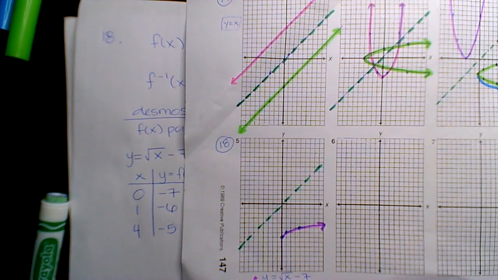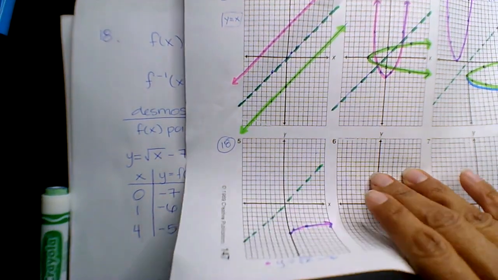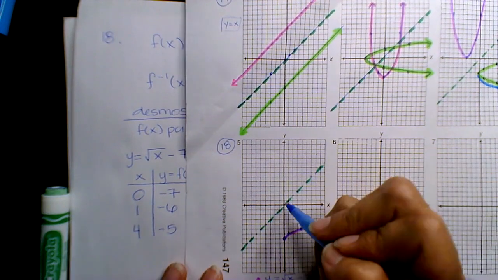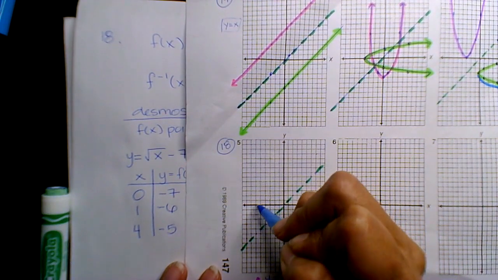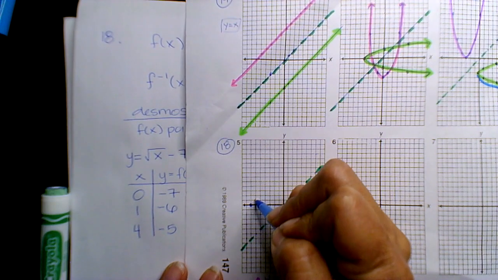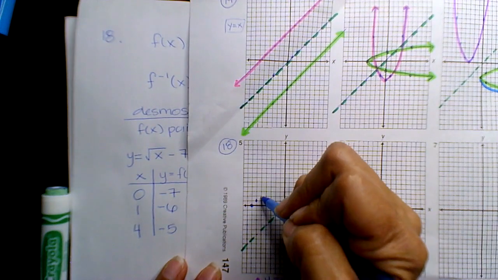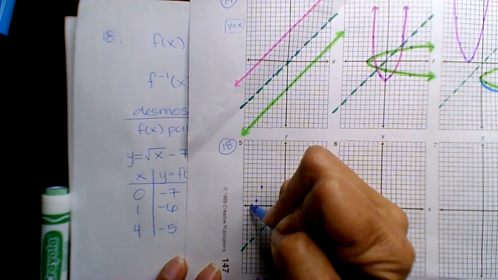That's the pink. And then by switching the points: (-7, 0), (-6, 1), and (-5, 4).